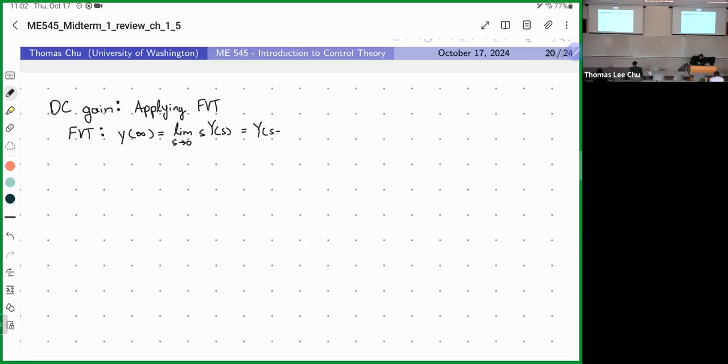I just like to think of it as y at s equal to 0. I don't care much for the official definitions. And basically, another way, a shortcut of finding DC gain is just letting g of s at s equal to 0 be your DC gain. And I'll show you why.